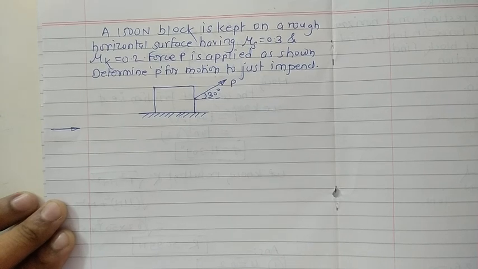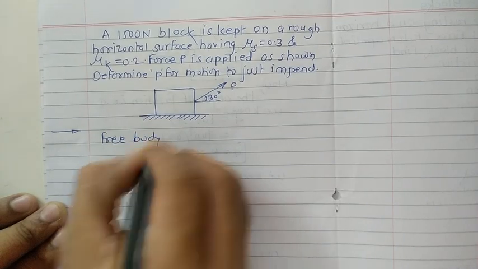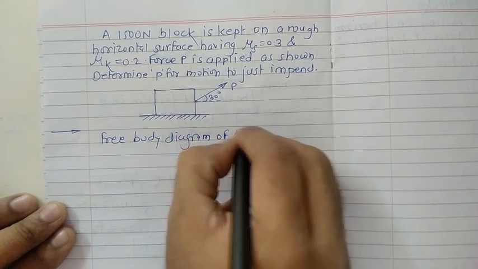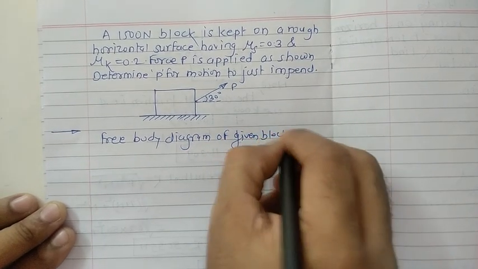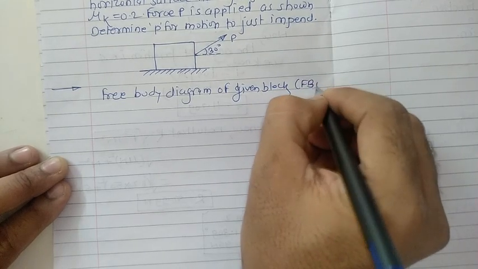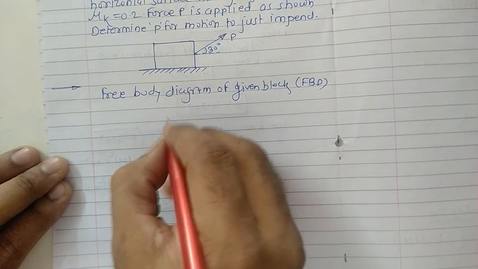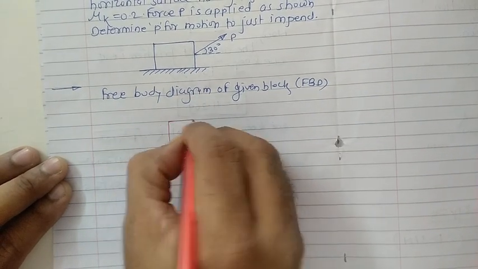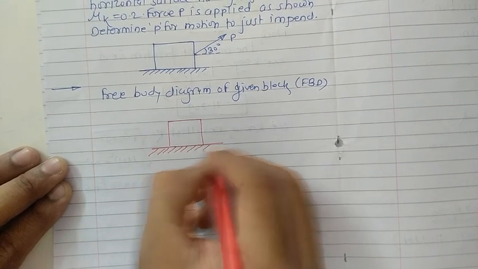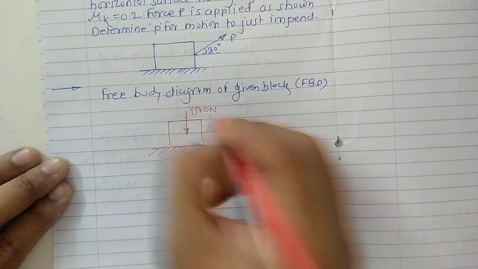Here you can mention in this way: free body diagram, FBD, of the given block. Imagine in this way the block whose weight is 500 Newton.